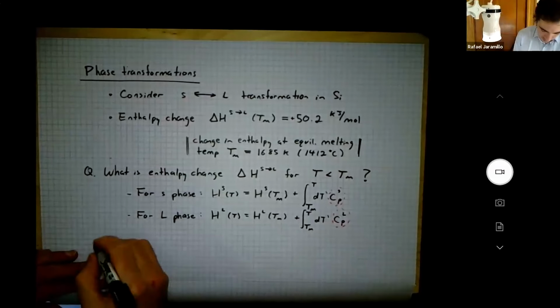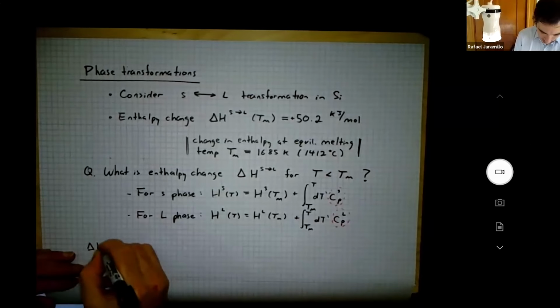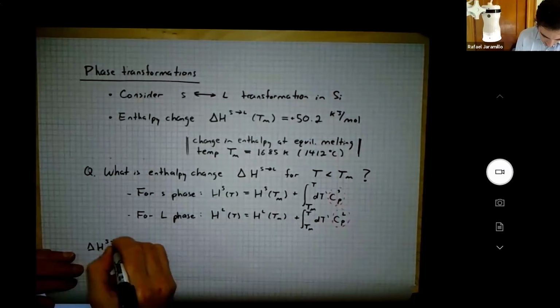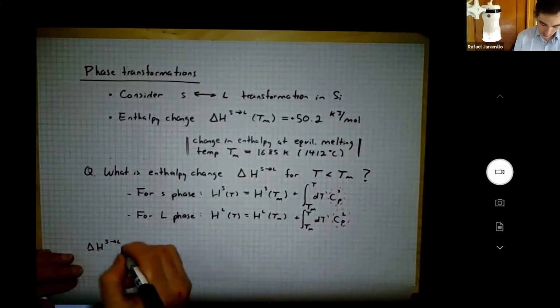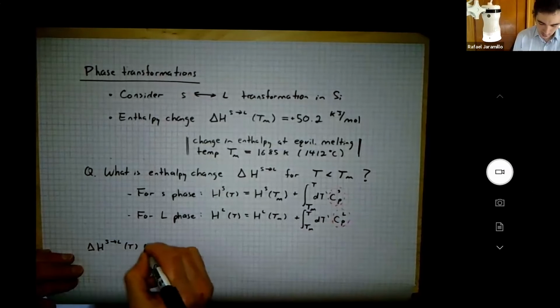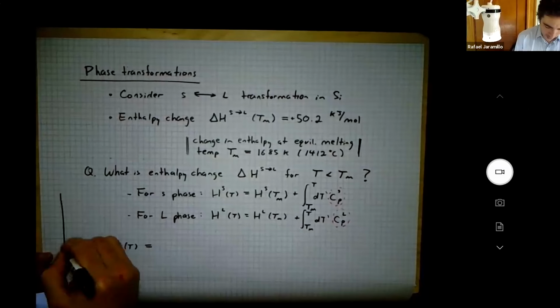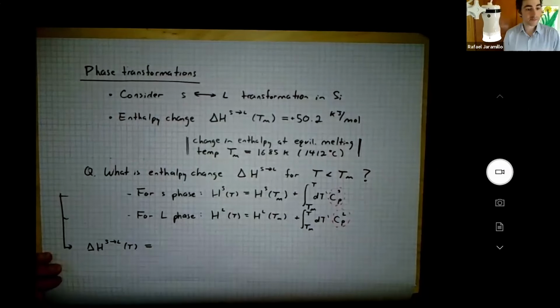So the thing we asked to calculate is delta H, solid to liquid, at some temperature. And I'm going to simply combine these results.